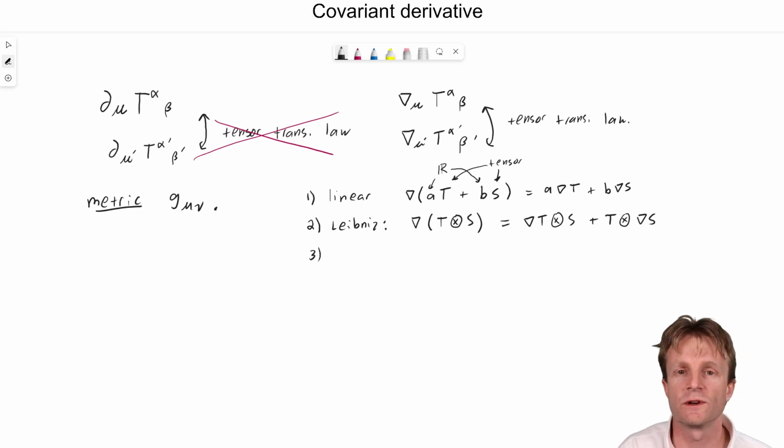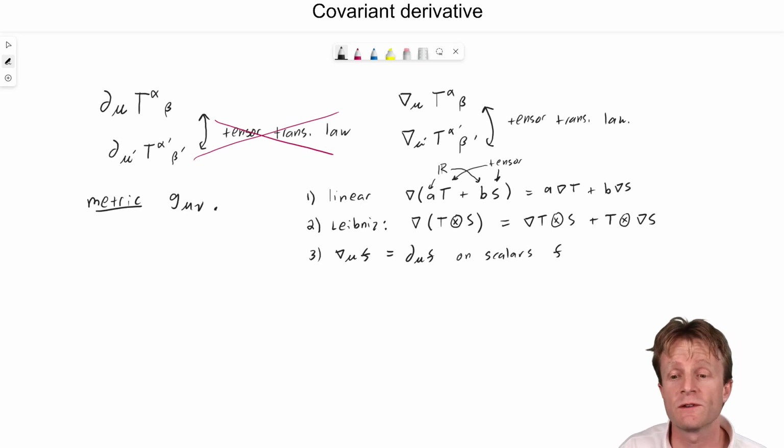What else would a good derivative do? Well, we would very much like it to behave like the derivative we know and love, where that derivative works. And so in particular, on scalars, it should reduce to the partial derivative, because the partial derivative does obey the tensor transformation law when you're acting on a scalar.